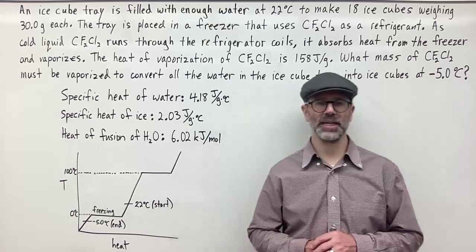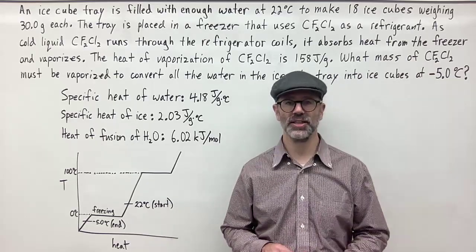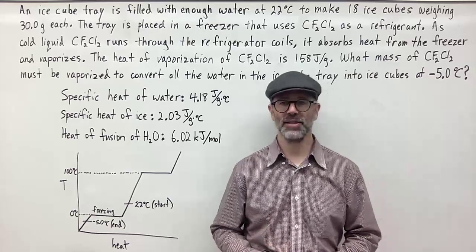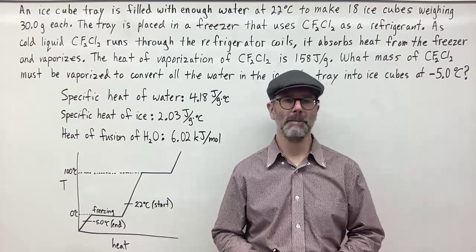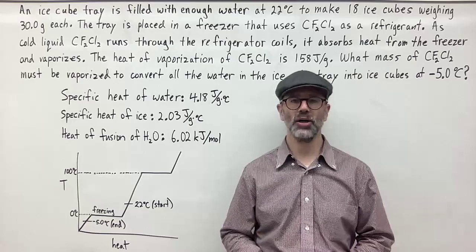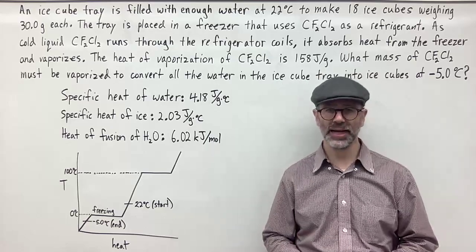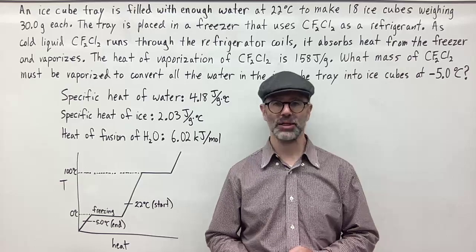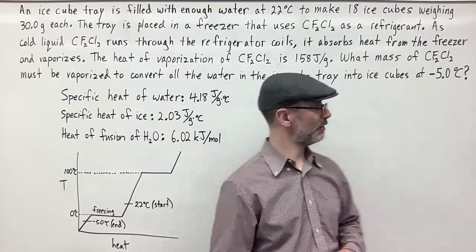The heat of vaporization of CF2Cl2 is 158 joules per gram. What mass of the CF2Cl2 must be vaporized to convert all the water in the ice cube tray into cubes at negative 5.0 degrees Celsius? And they give us some information.